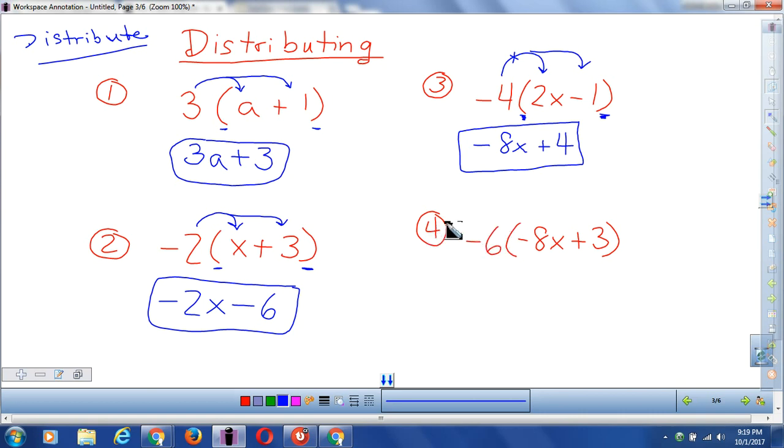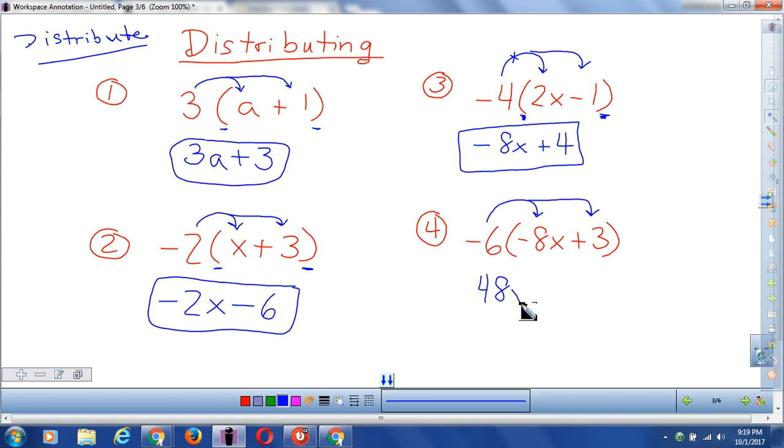So now we're going to move on to number 4, negative 6, and I'm going to distribute this negative 6 to negative 8x and also to positive 3. Okay, so first we do our first term here. Negative and negative makes positive. I don't have to write a positive, obviously. 6 times 8 is 48.